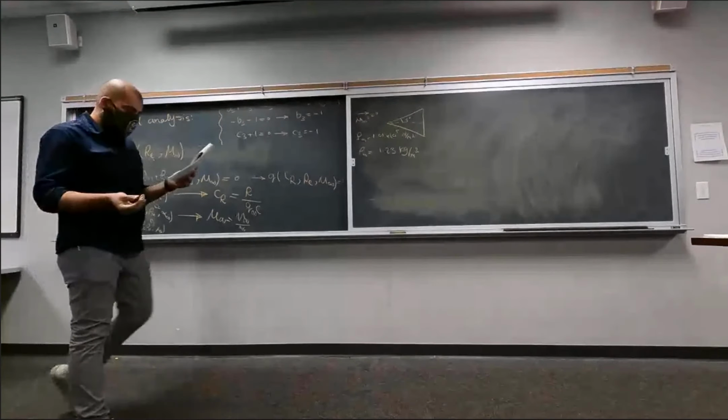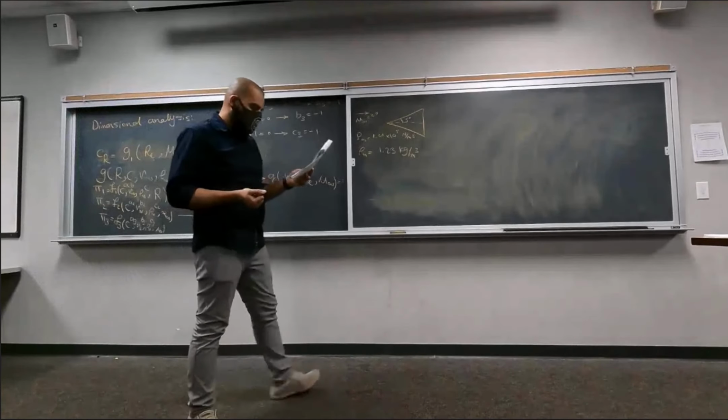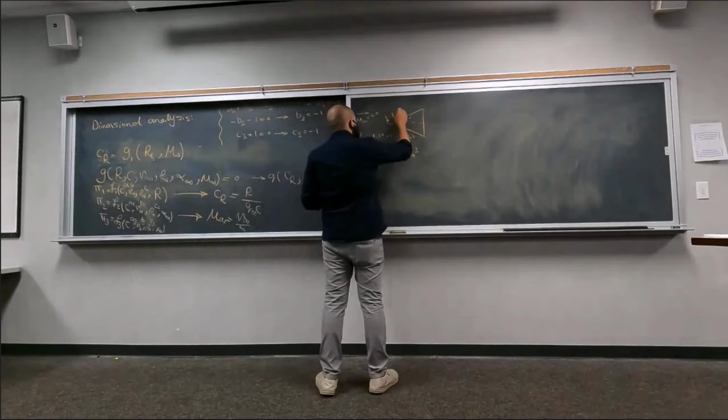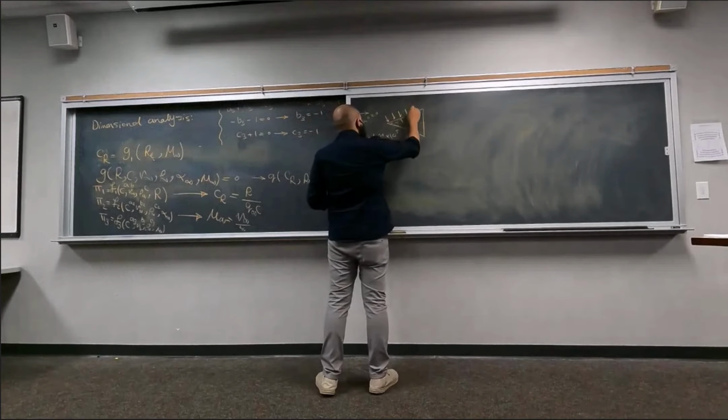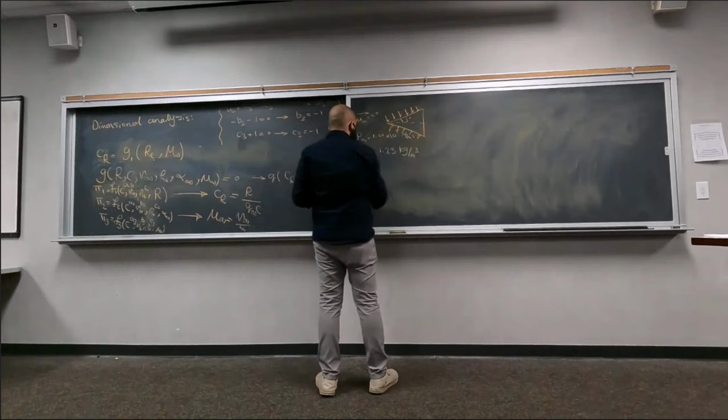The pressure on the upper and lower surfaces of the wedge are constant with distance s and equal to each other. So we have a uniform pressure distribution on the upper and lower. Okay?